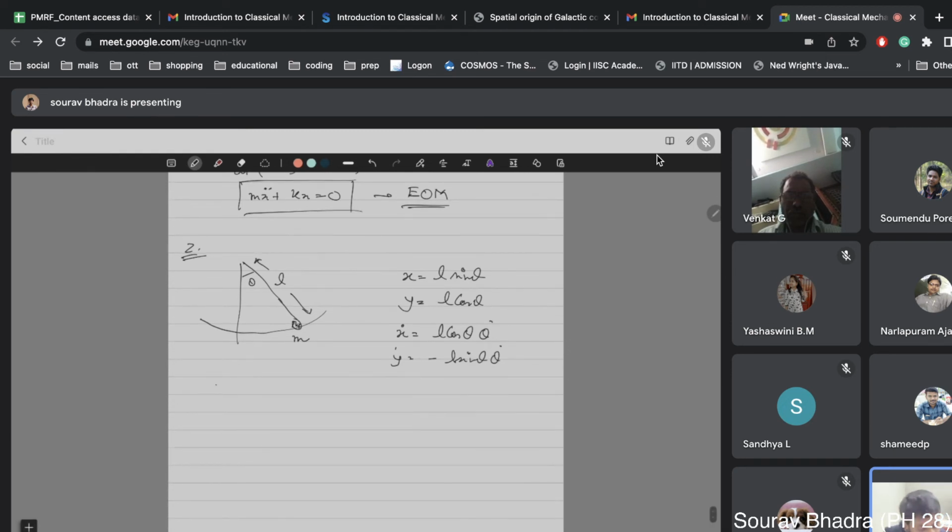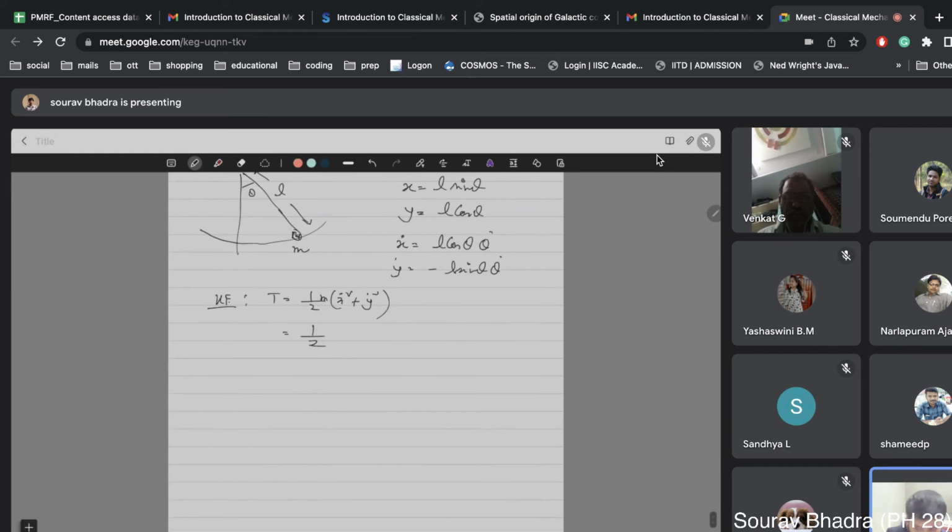The kinetic energy T is half m times x dot squared plus y dot squared. If you put in x dot and y dot, it gives half m L squared theta dot squared, because cos squared theta plus sin squared theta is 1.